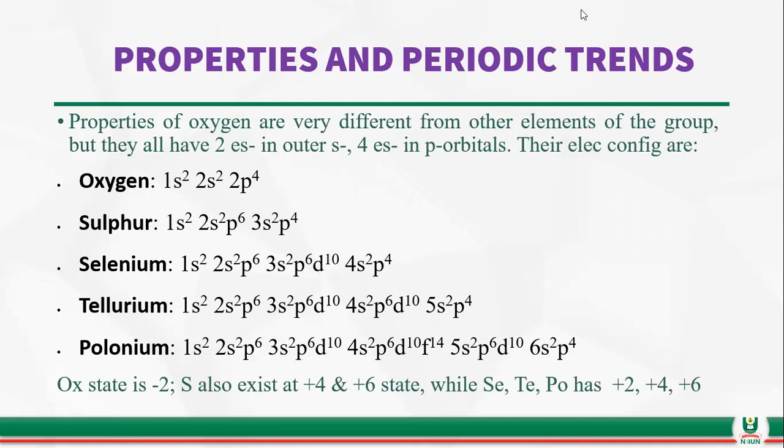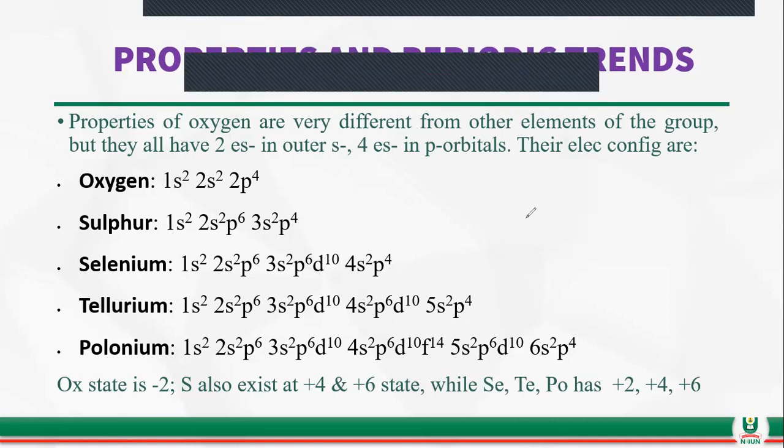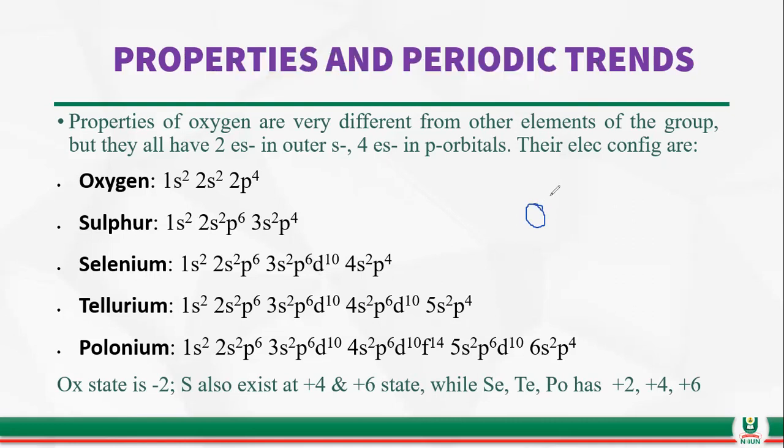And you know anything that exists in minus is actually coming from the non-metal. So we need a metal to bond with it. Let's say, for example, we want to talk about the group 1 oxide. Oxide of group 1, let's say, for example, I have sodium. In the normal setting, sodium is +1.